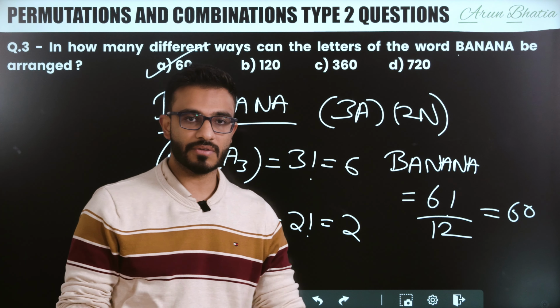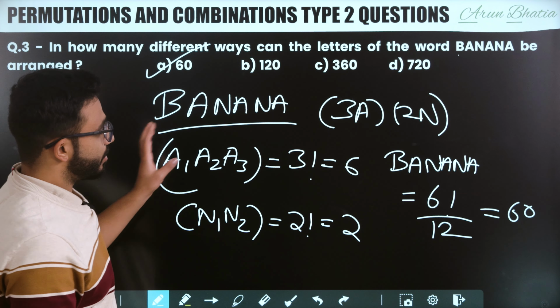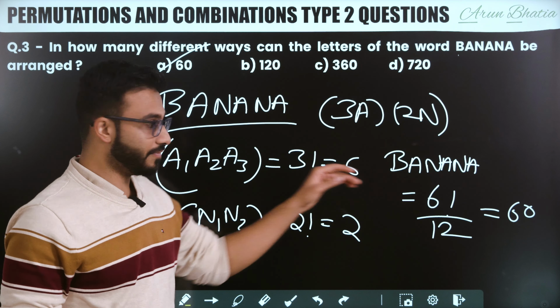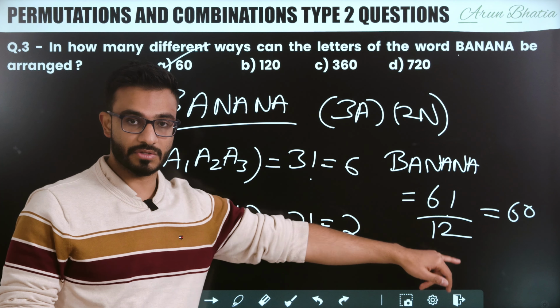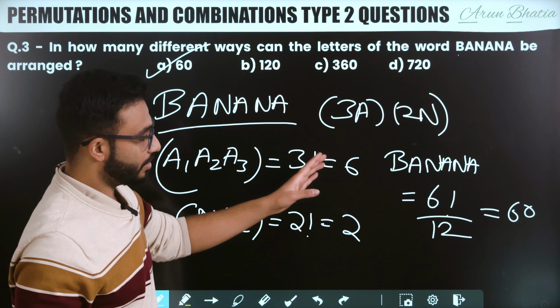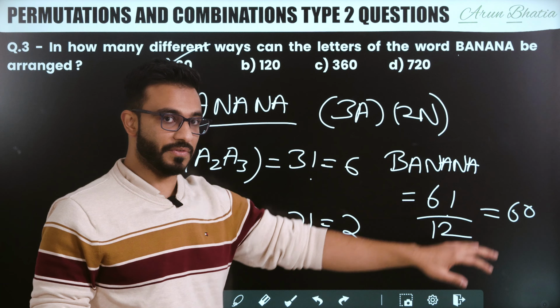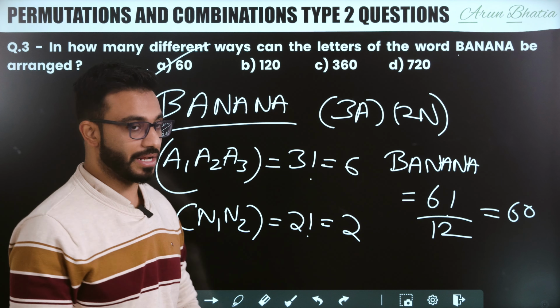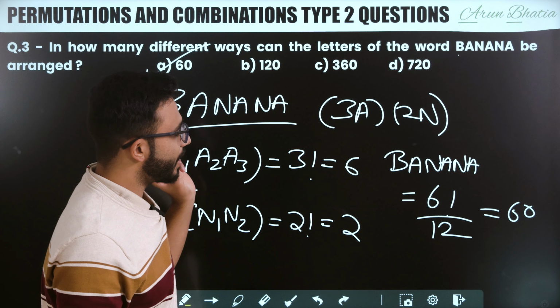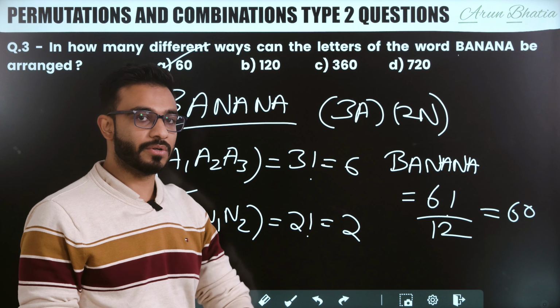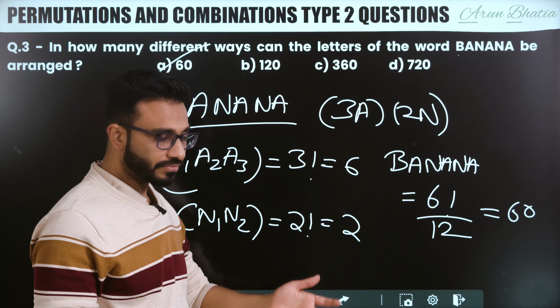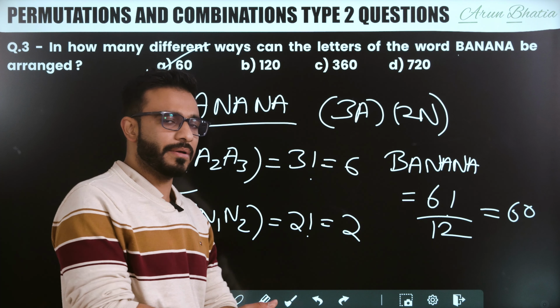So basically, if you're using the formula, what you're doing is that you treat each of the repetitive letters, which was A and N, differently, and then you multiply their product, which is 12, and you divide it into the entire number, which is 6 factorial. So 60 will be your answer, because again, we are trying to take out repetition.